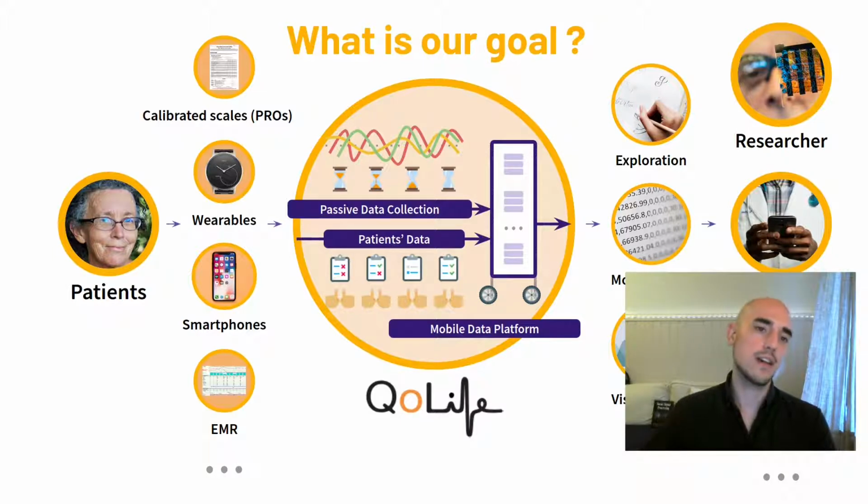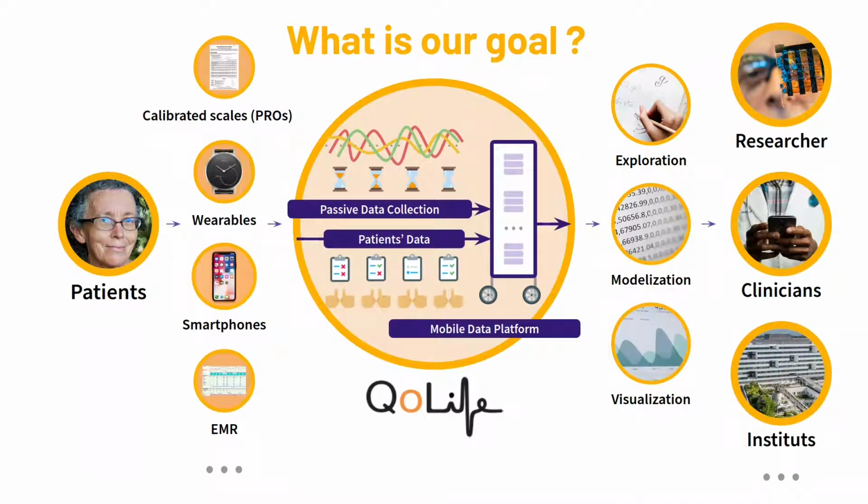They collect data via wearables or via sensors, which then are sent to our platform at the Quality of Life Lab for exploration, modelization, visualization, and later shared via the research group or with other professionals. Maybe professionals not of our own domain, maybe because we're computer science, but maybe with people from the medical domain, we will be better able to explain exactly what is happening in this data.